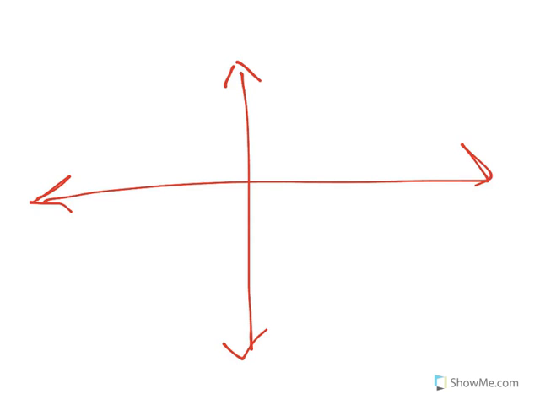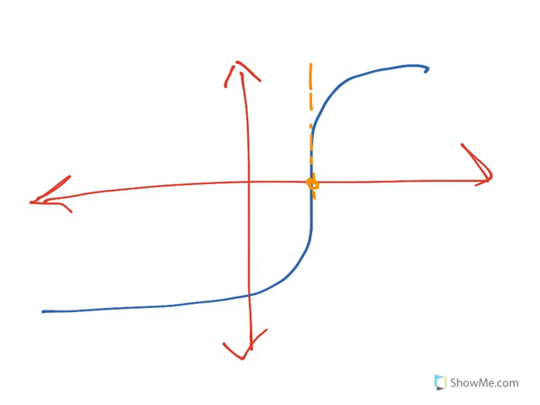So let's say that you had your coordinate system like this, and your function looked like this. So here, our tangent line is just a vertical line.